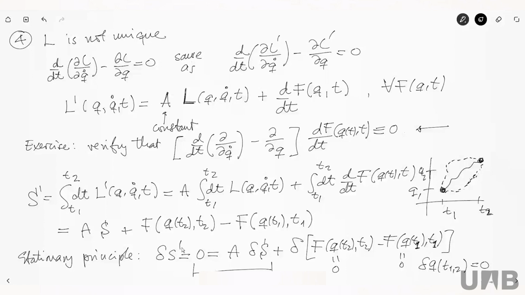Okay? So this means, let me emphasize it again, that I can always add to a Lagrangian a total derivative of a function which depends on q. Could I have this function depend on q and q dot?